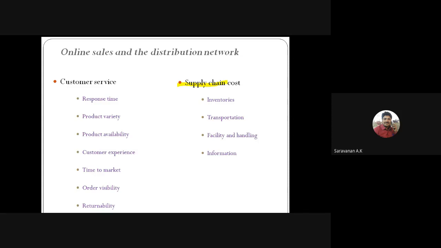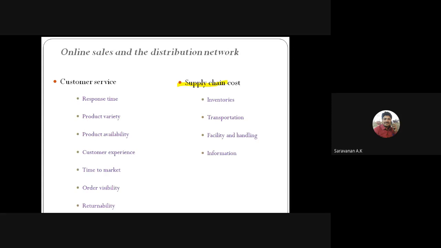For example, if you are placing an order for a book on the Amazon website, the customer is willing to wait for the delivery. But in a nearby retail store, we can get the product in an easier manner, but the inventory cost in the retail shop is somewhat high.